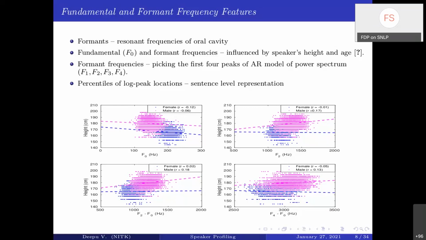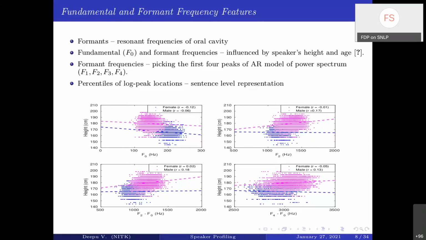So there is this pitch also which we consider. Pitch is what I denote with f0 here, and there are other frequencies which are f1, f2, f3, f4. Those are local maxima of the spectra.